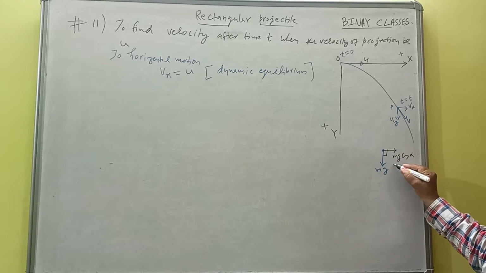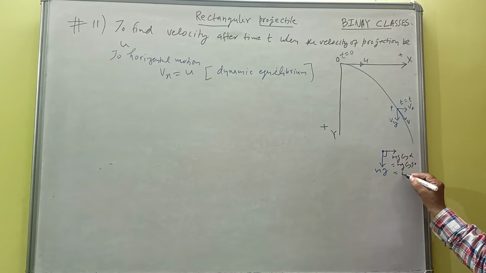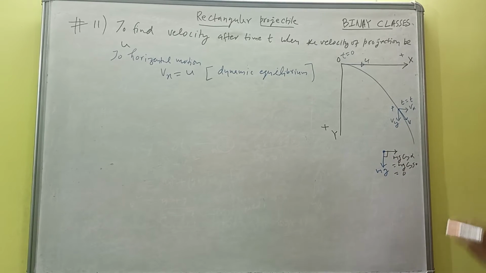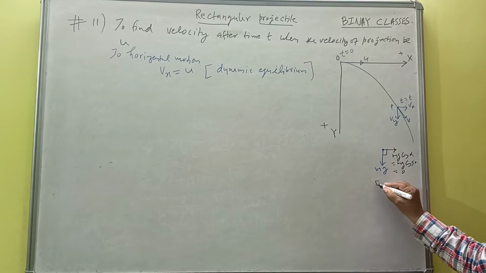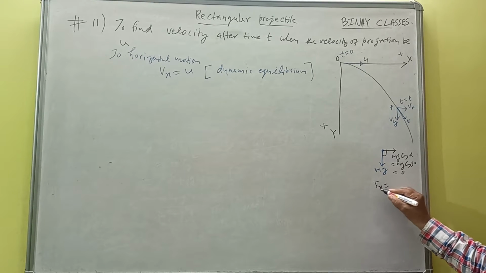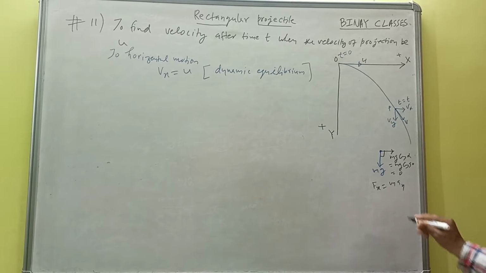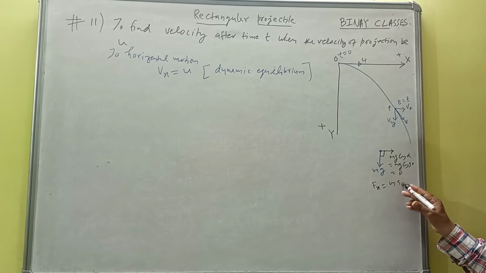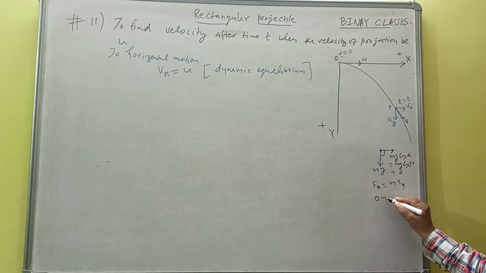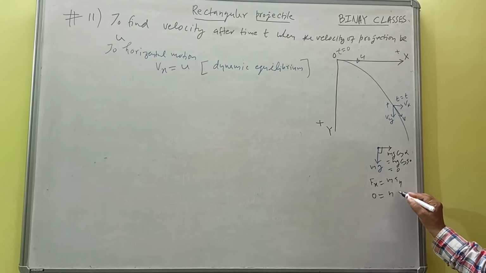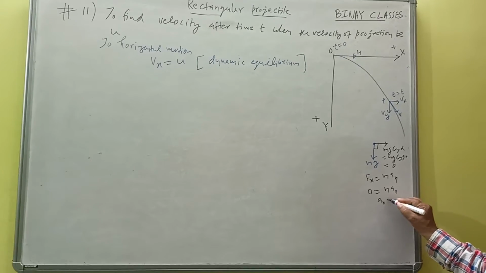Here this alpha is 90 degrees, so mg cos 90 is finally 0. So no force is acting along the horizontal direction, and the formula along the x-axis is Fx equals m ax, force equals mass into acceleration. This force Fx is 0 horizontally and mass is m, so solving, we get ax equal to 0.